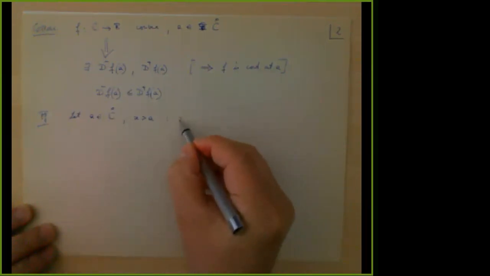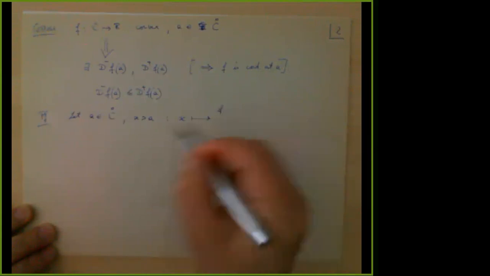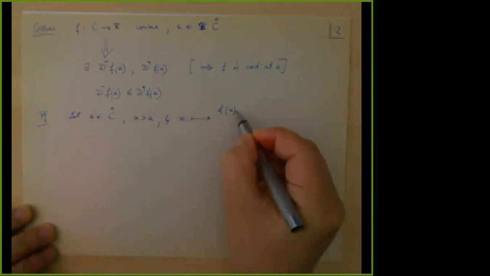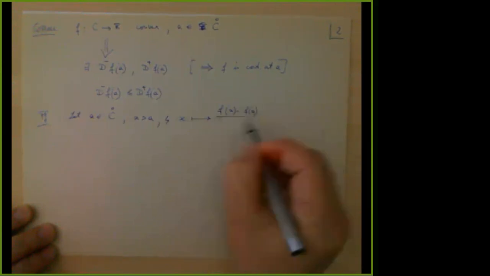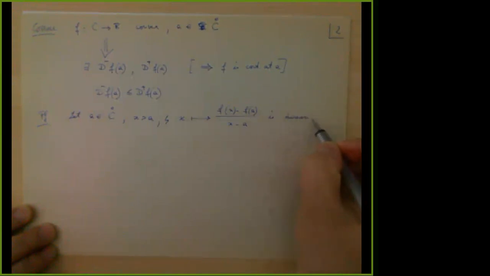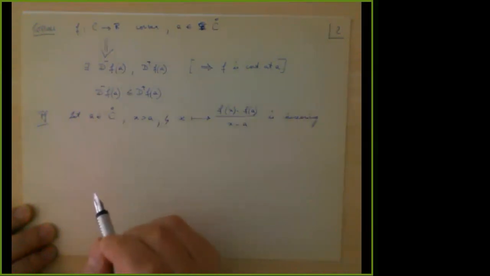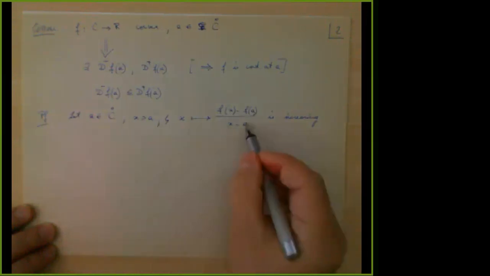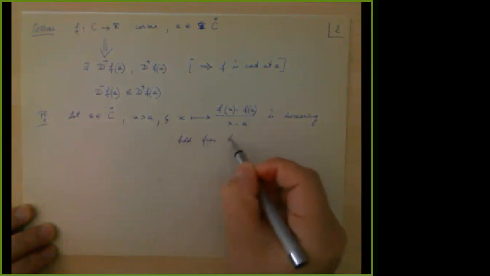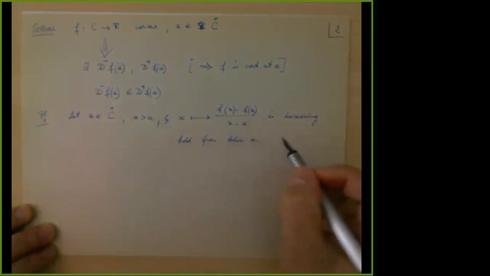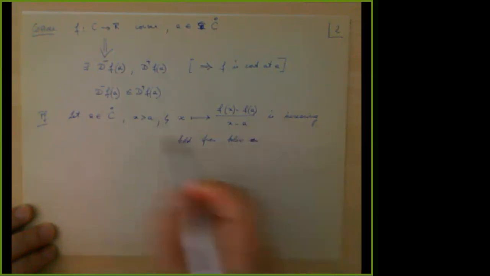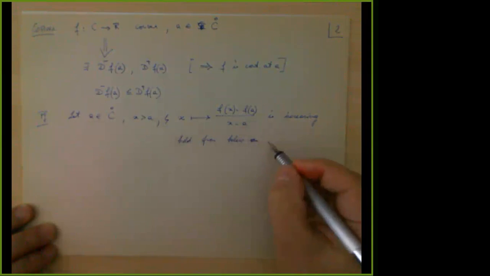We know that (f(x) minus f(A)) over (x minus A) is increasing. So we are going to use this fact. It is increasing, and moreover, this function is also bounded from below on a neighborhood of A.